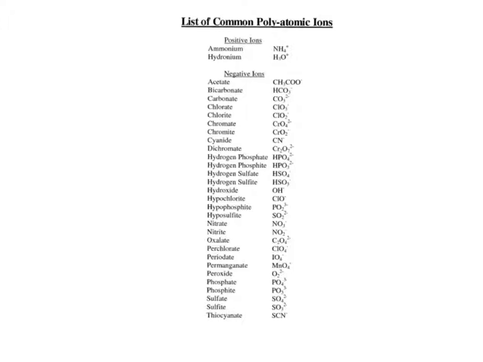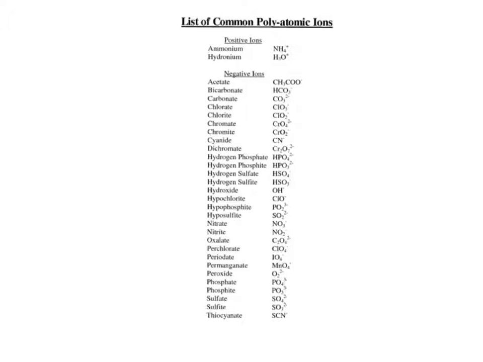We're going to deal with the chlorite, which is one oxygen lower than that, and then we're going to deal with the hypochlorite, which is one oxygen lower than that even. And the charges all remain the same, it's just the number of oxygens attached to the chlorine that are different. So this is a relationship. In this case we called the first one the perchlorate.